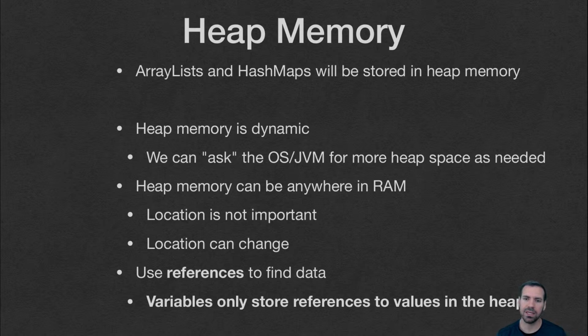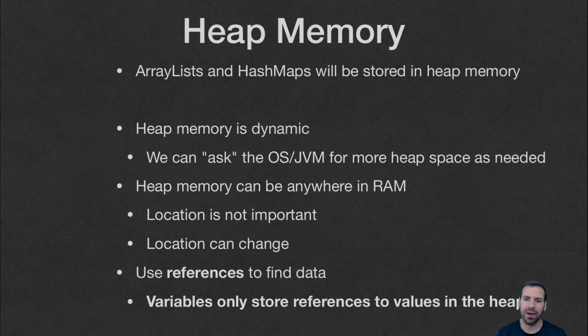Somewhere in RAM, it's going to find enough space that we're asking for and then give us access to that memory and prevent any other program from accessing that memory. So it gives us that memory by giving us a reference, which is the memory address, which is the index on this giant array.